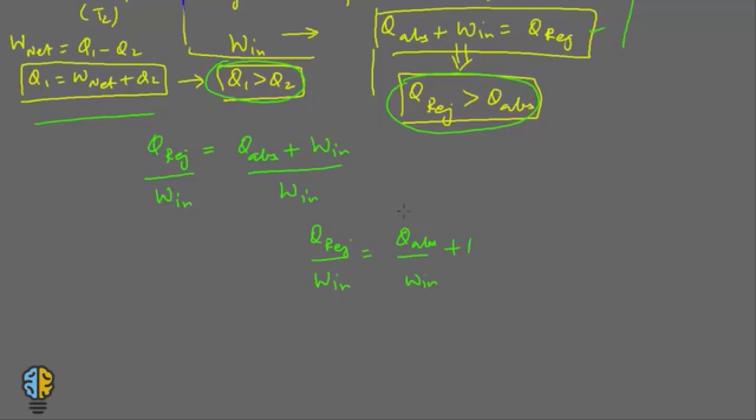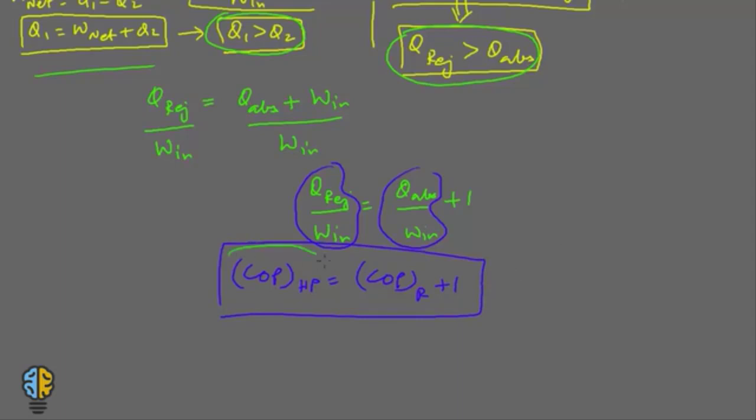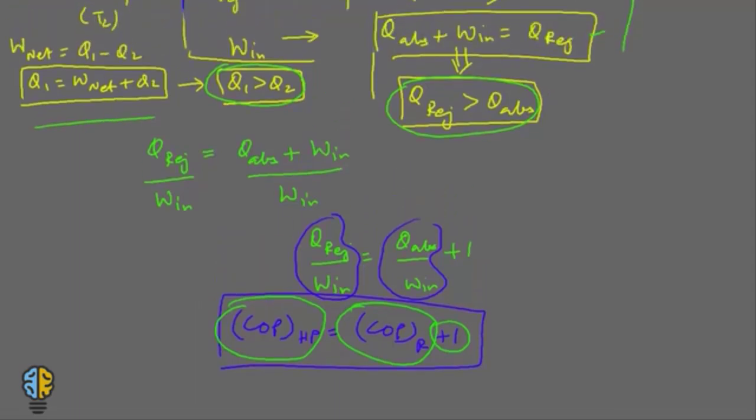Now from this I can say that this is the COP of a heat pump and this is the COP of a refrigerator. So it becomes the COP of a heat pump is equal to the COP of a refrigerator plus 1. So this relation tells us that the COP of a heat pump is greater than the COP of a refrigerator by unity.